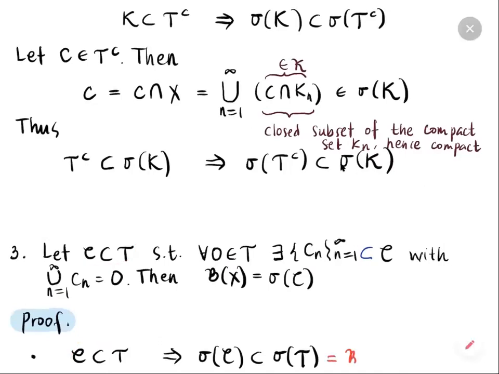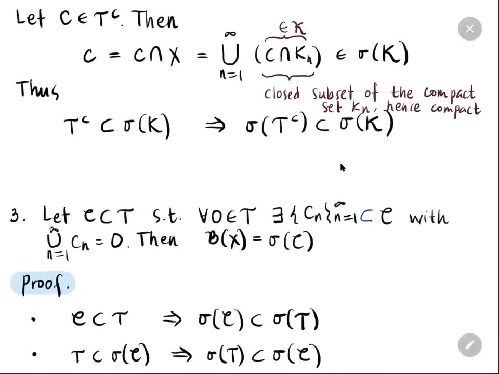Take note that by definition, this is the Borel sigma algebra on X. Okay, so for the second one, take note that based on the assumption, any open set can be written as a countable union of elements in C. Since a sigma algebra is closed under countable unions, and the sigma algebra generated by C contains C, this countable union here is an element of sigma of C. Hence, T is a subset of the sigma algebra generated by C. And this is what we have written here.